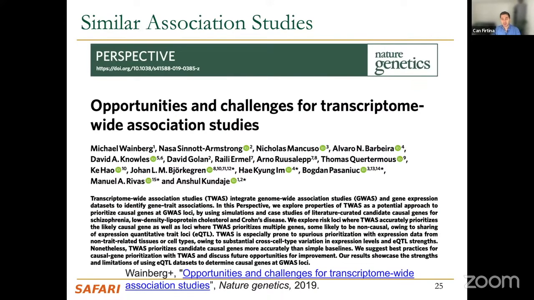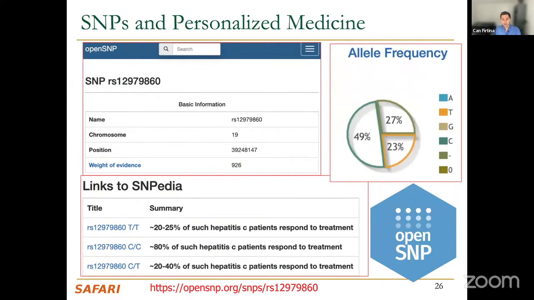And if you are interested, you can check this paper to understand how this type of study is carried out.